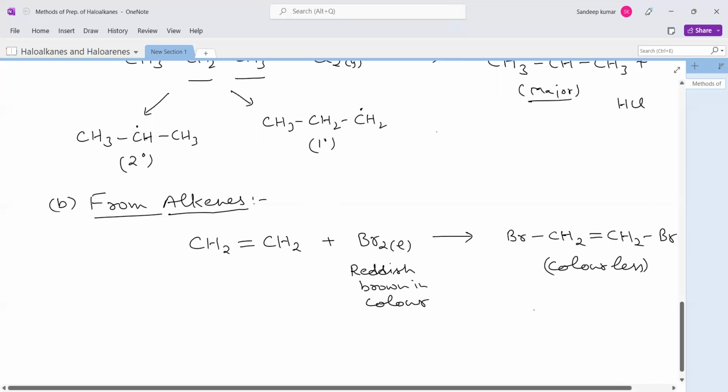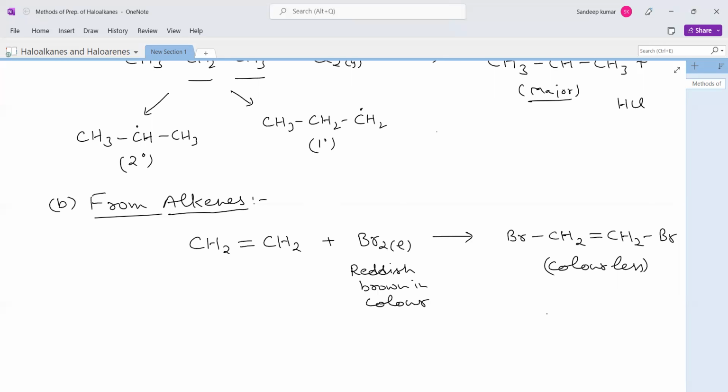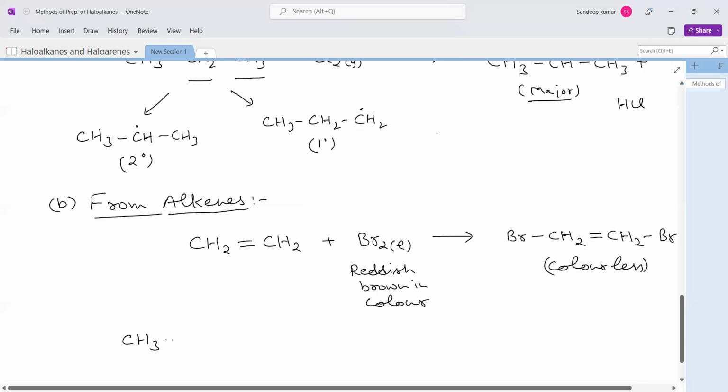So this test can also be used to detect whether a compound is saturated or unsaturated. Now, in the above example, I have taken a symmetrical alkene. Instead of a symmetrical alkene, I can also take an unsymmetrical alkene, like propene.